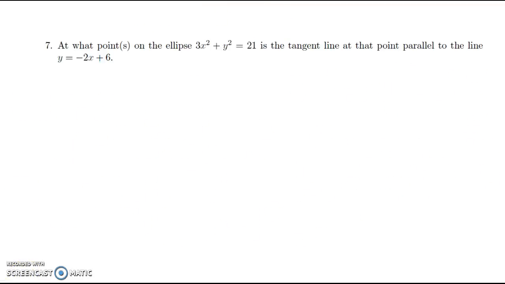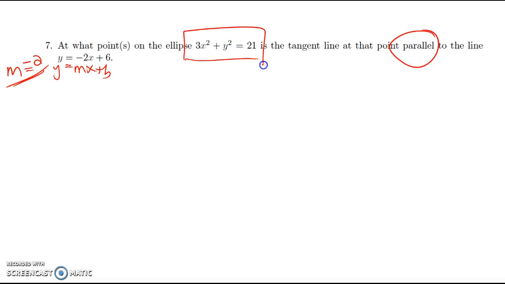At what points on this ellipse is the tangent line at the point parallel to this line? Well, this line, according to y equals mx plus b, has a slope of negative 2, right? So we're going to try to find out where our slope is negative 2 on this ellipse.